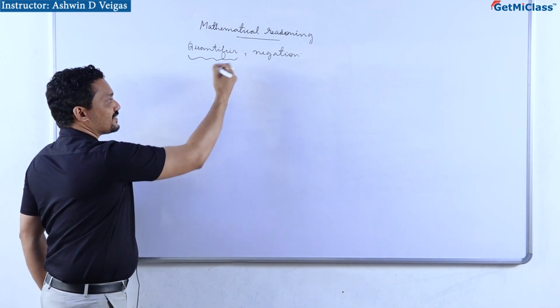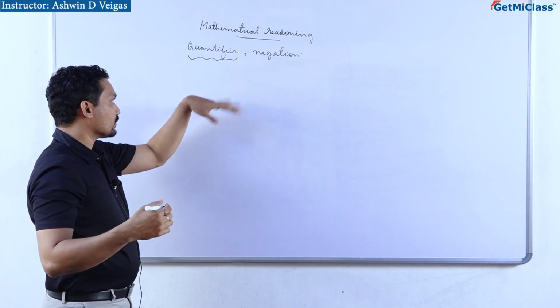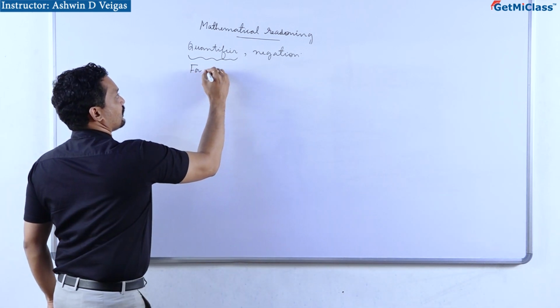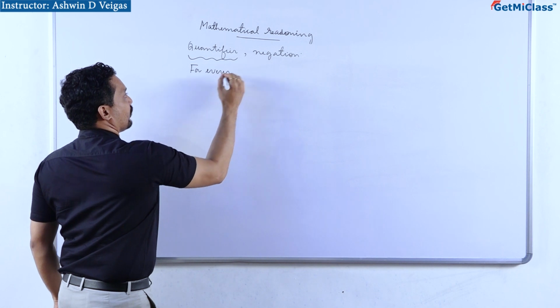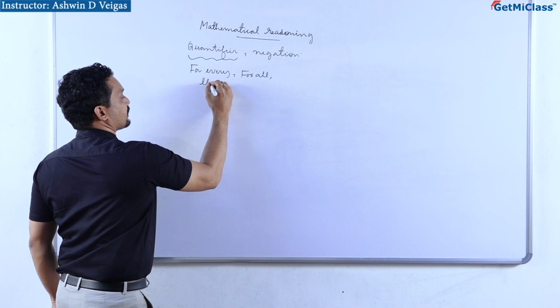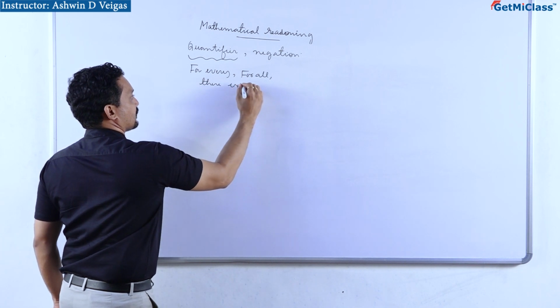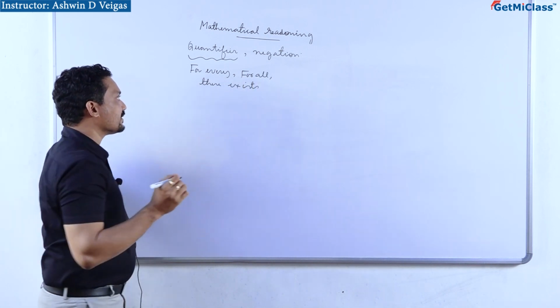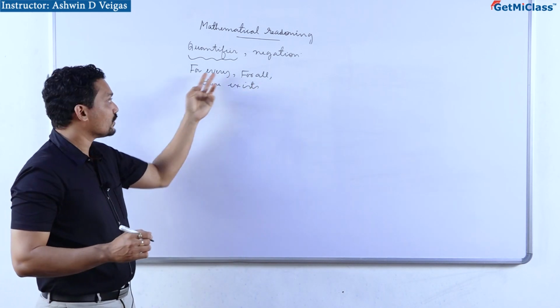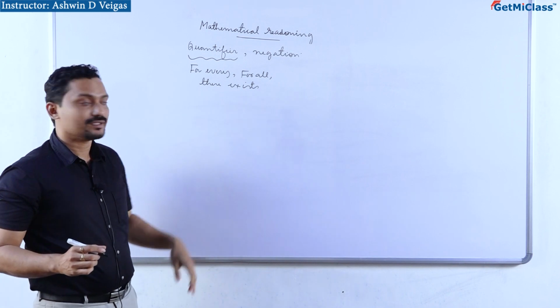The usual words in mathematics where we talk about quantities are: for every, for all, there exists. These are usually called quantifiers.